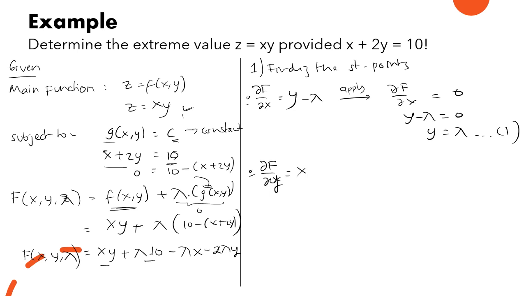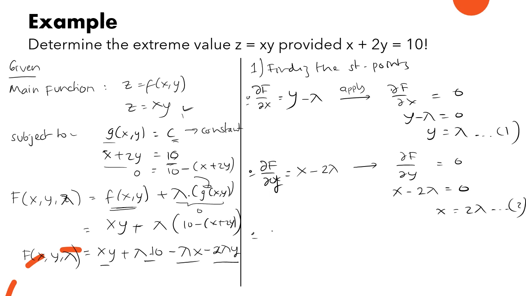Here y, 0. Here, 0 also. And this one against y is minus 2 lambda. And we apply that dou f dou y should be 0. x minus 2 lambda equals 0. So x is 2 lambda. So this is my second equation.